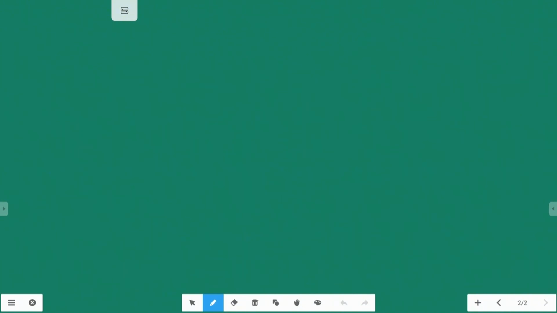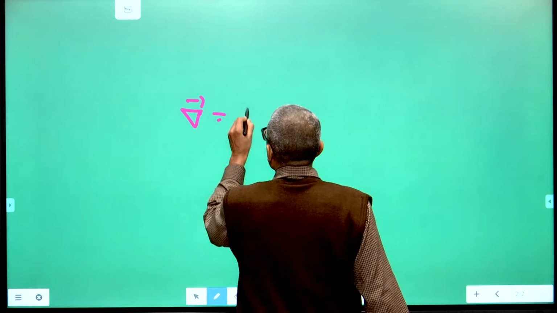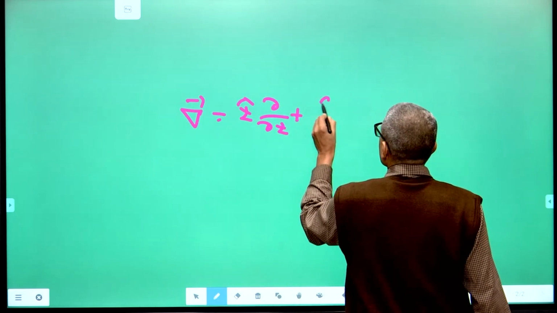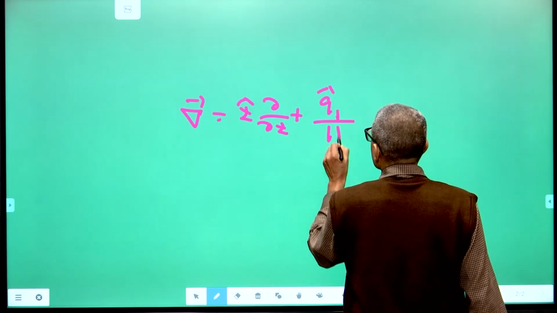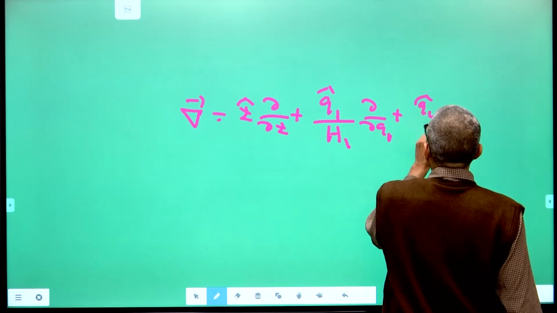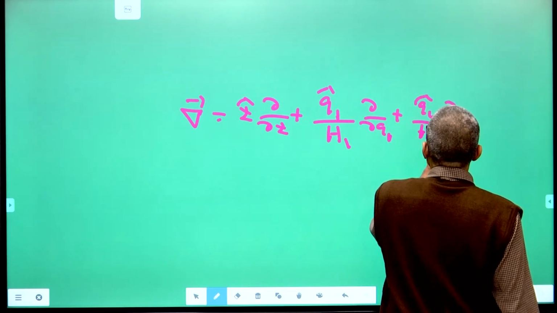Then we can write down the gradient operator as z cap ∂/∂z plus q1 cap by h1 ∂/∂q1 plus q2 cap by h2 ∂/∂q2.